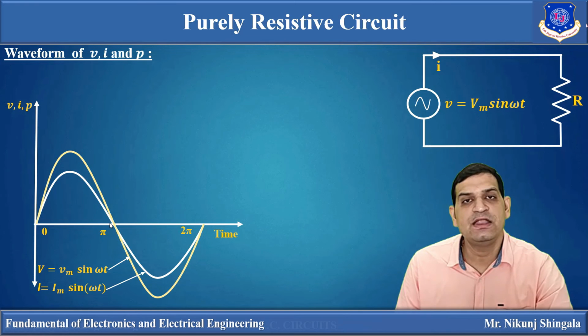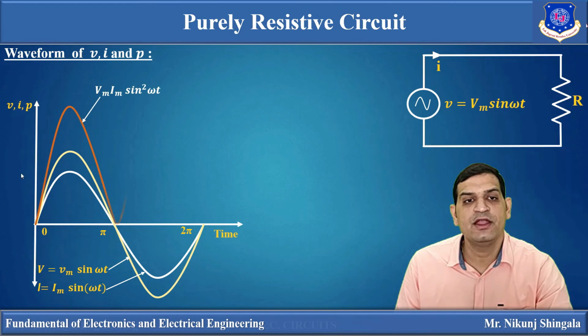At pi the multiplication will be 0 because both voltage and current are 0. Between pi to 2 pi both quantities are negative, so if we multiply voltage and current, this negative portion will be converted into the positive portion. Both attain maximum value at 3 pi by 2, and at 2 pi the product is 0.